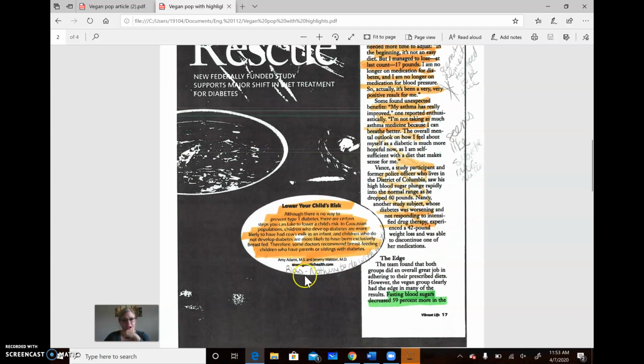And then I thought this thing was kind of weird too, because I went to this blurb and I was like, what is this? It seems that they're talking about feeding children cow's milk versus breast milk. And they're saying that the ones who have cow's milk have more of a chance to get type 1 diabetes. And I was like, well, what does this have to do with anything?